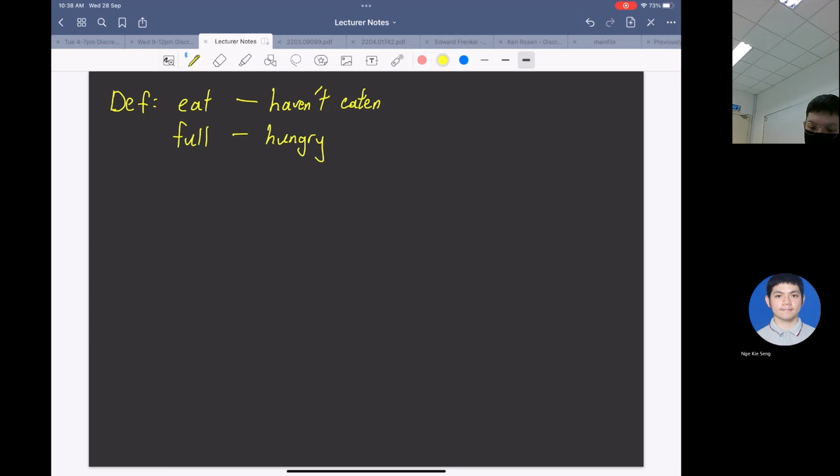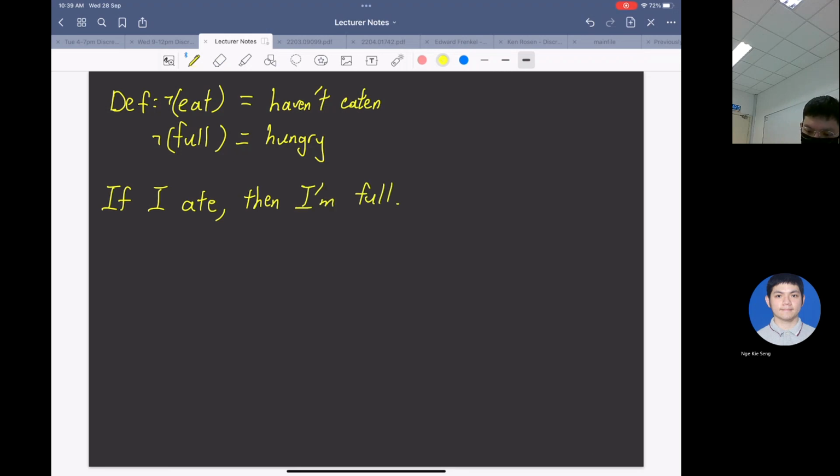Okay. Instead, I want to write it this way. How can I put it? Maybe just put it like this.